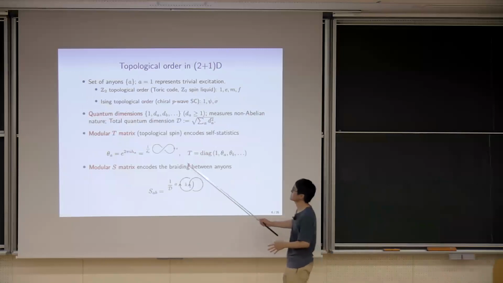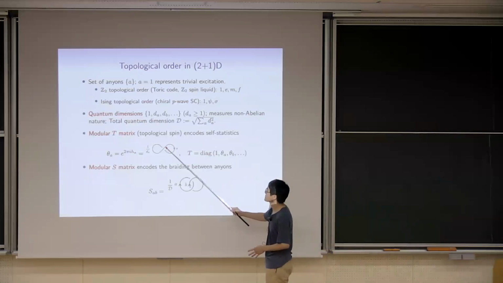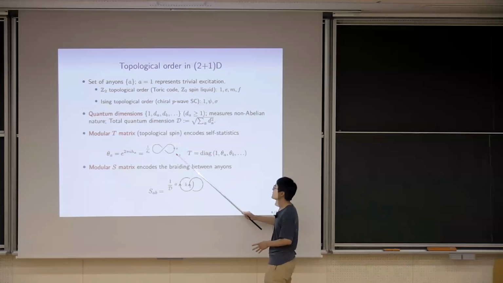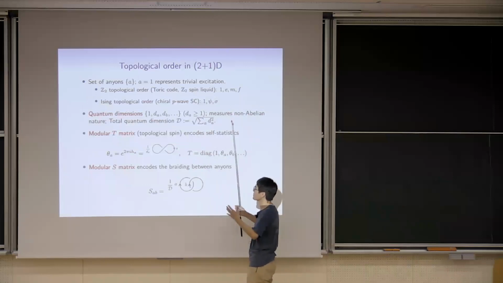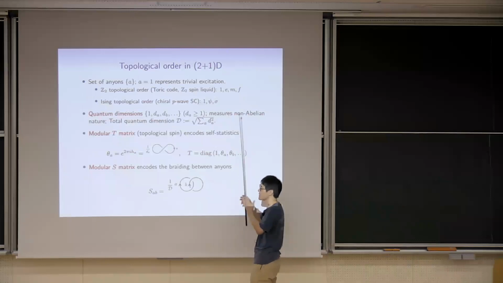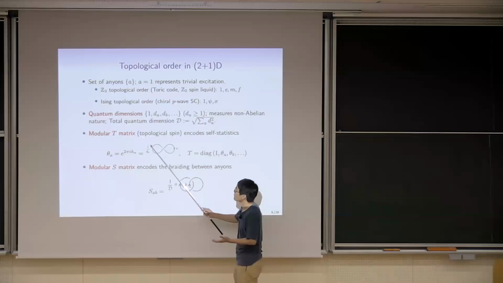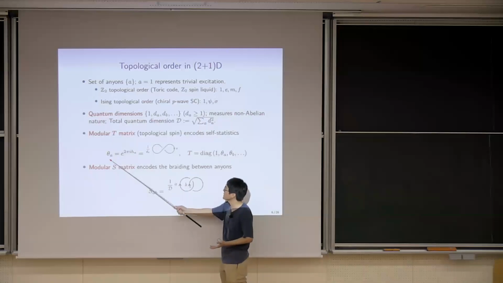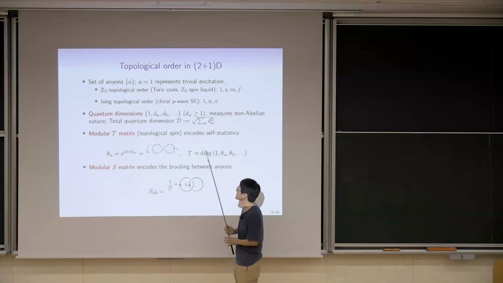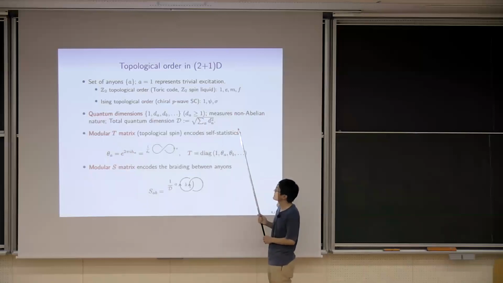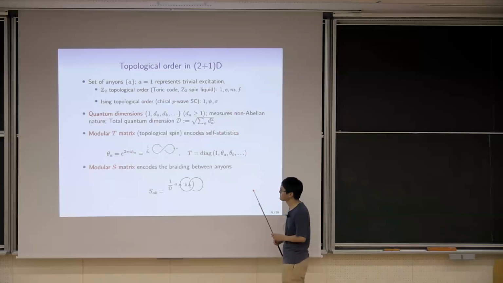This is the trajectory associated to a single anyonic line, but it's twisted. That somehow encodes the self-statistics or spin of anyons. We call it topological spin, or T. I may use either theta or T, but let's say we have this set of numbers associated to each anyon.